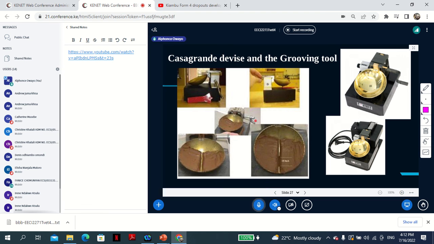Once you cut with the groove, there is a rotation mechanism. This is the side view. You use this to rotate. When you rotate, the cup lifts up and drops at the bottom, so every time you rotate, it goes up and drops.